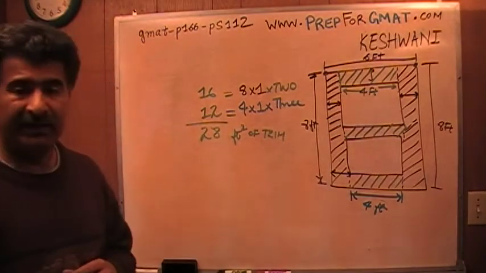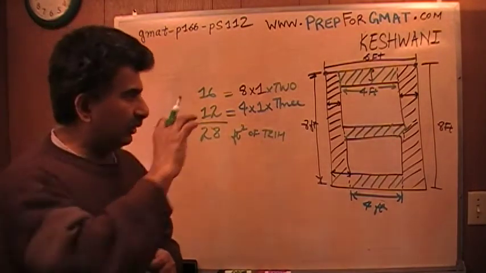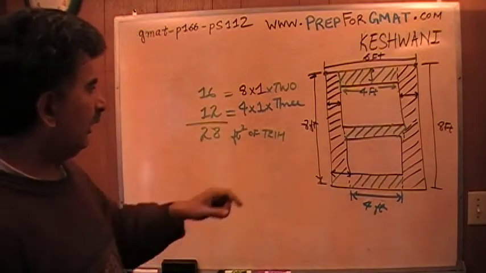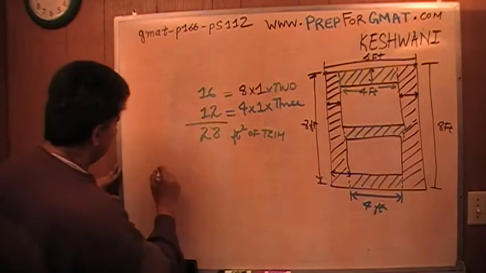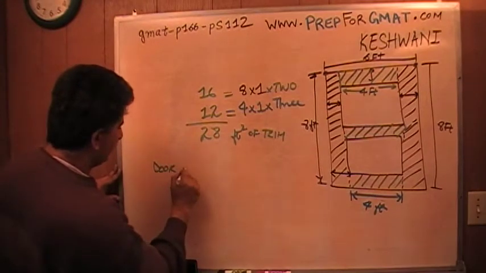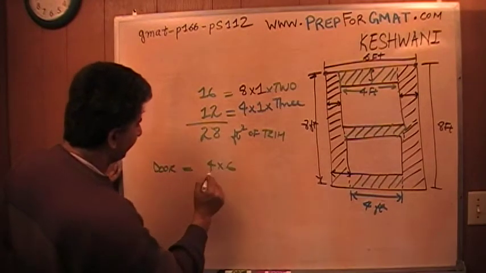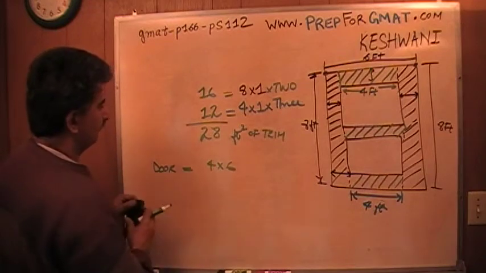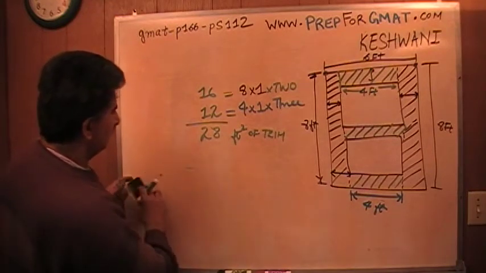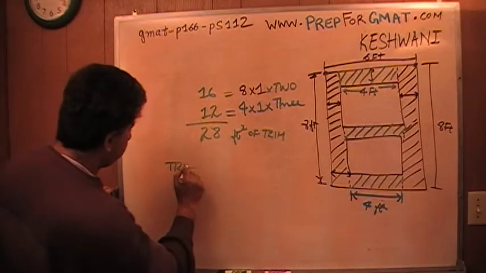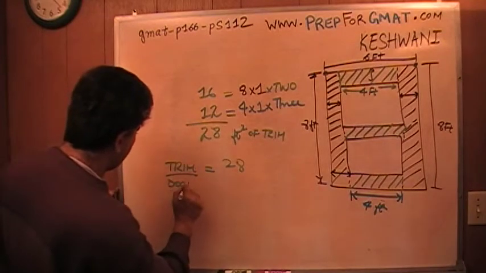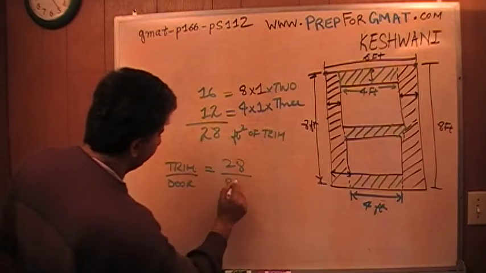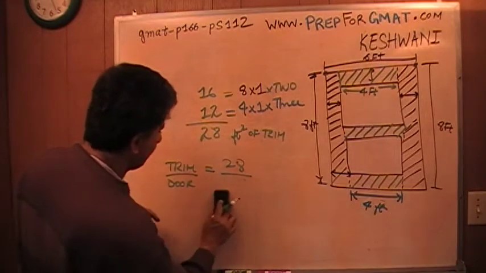Now we are asked to find this as a proportion to the whole area of the door. Well, the whole area of the door is just 8 by 6. So here's my trim, which is 28 square feet, and here's my door, which is 8 by 6, which is 48.